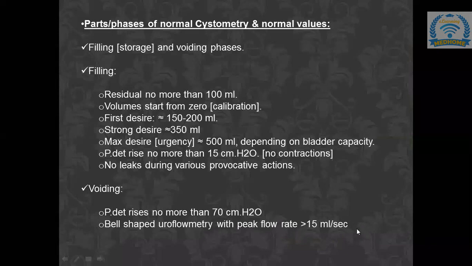It should be more than 15 ml. So whatever the value is, if it is more than 15 ml, that is normal. Bell shaped uroflowmetry with a peak flow rate of more than 15 ml per second. Thank you.